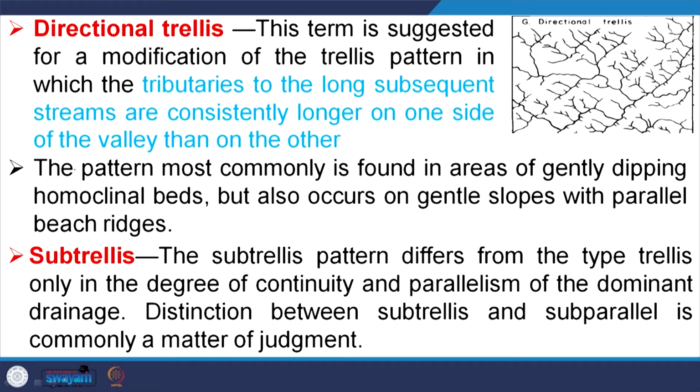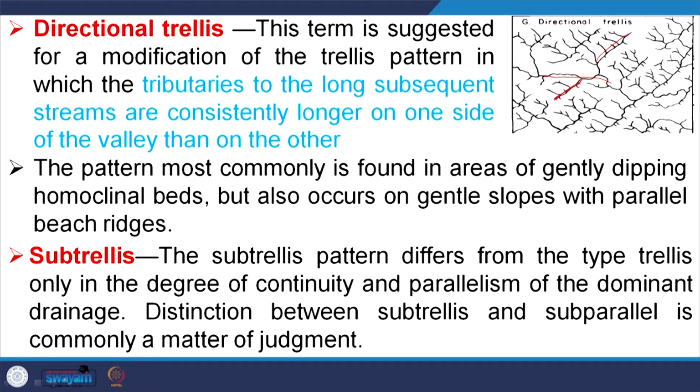This term is suggested for a modification of the trellis pattern in which the tributaries to the long subsequent streams are consistently longer on one side of the valley than the other. For example, in this figure, it is a directional trellis. This is the main stream and these are the tributaries.